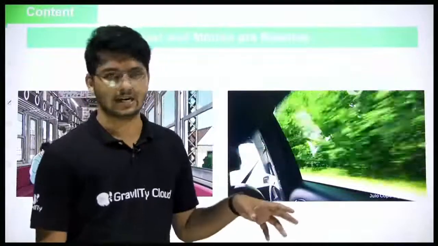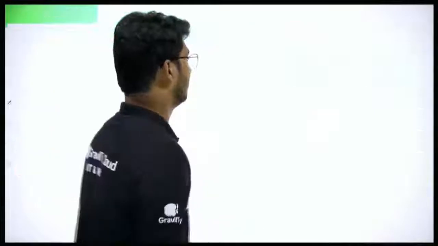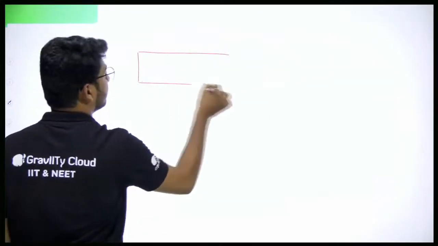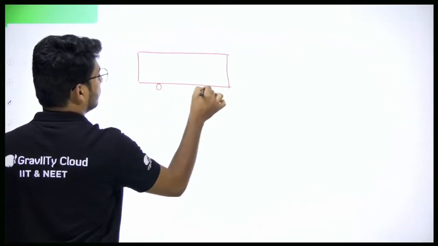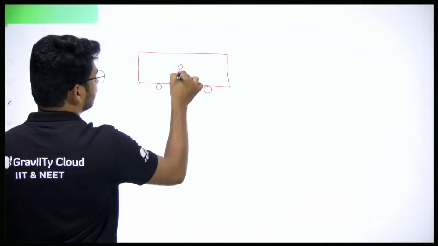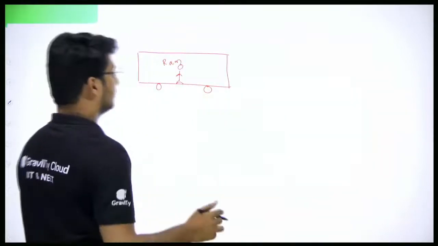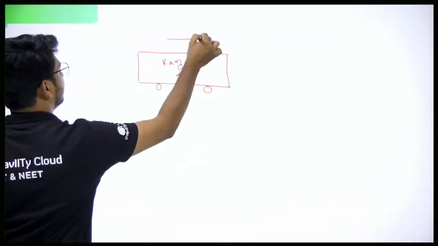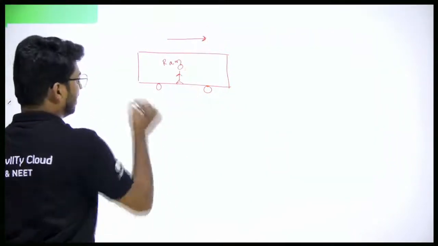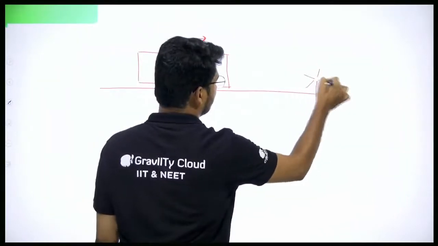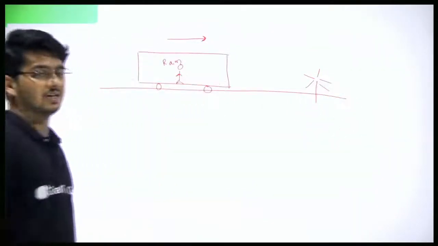So you are inside a car. We'll discuss this in this way. I'll say there are two people. Let's say Ram is in the car. Ram is in the car, and Ram is going towards the right. The car is going towards the right on the road, and there is a tree beside the road.